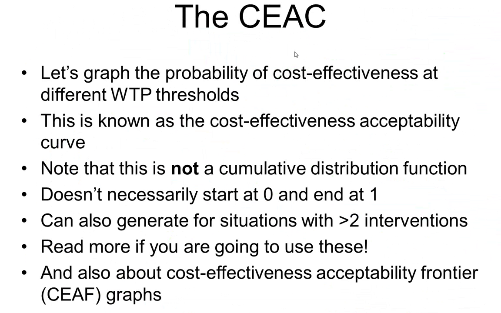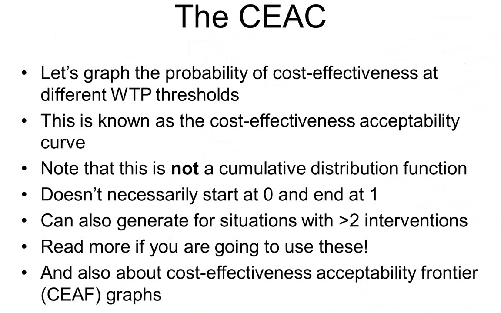A few points about this. This is not a cumulative distribution function. It looks like a cumulative distribution function, but for many reasons it's not, and I've given you some resources that explain that in more detail. It doesn't necessarily start at 0, and it doesn't necessarily end at 1.